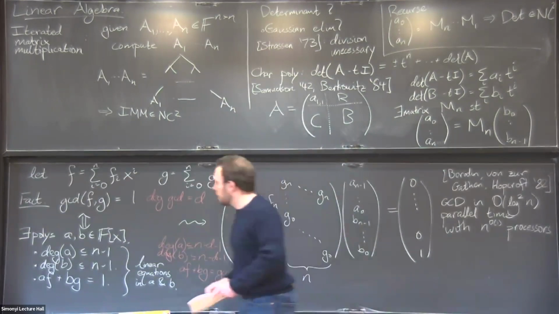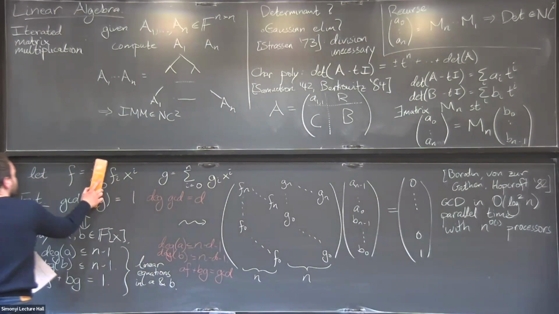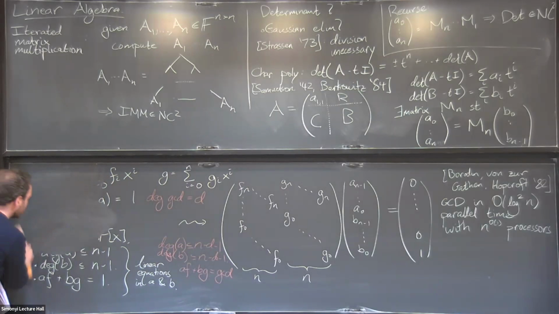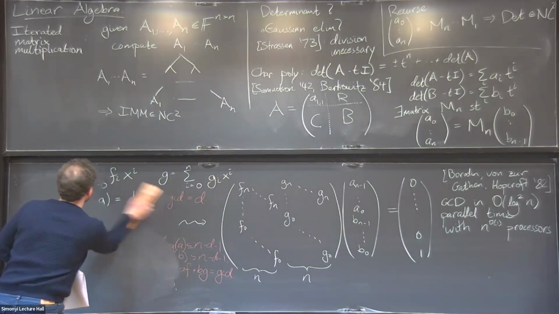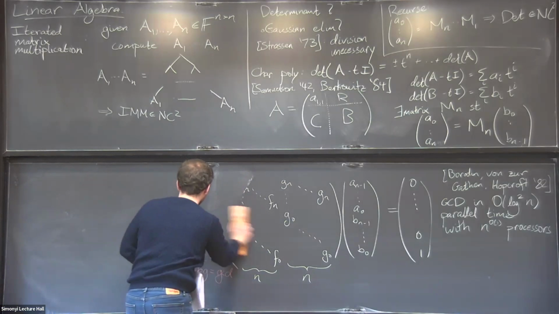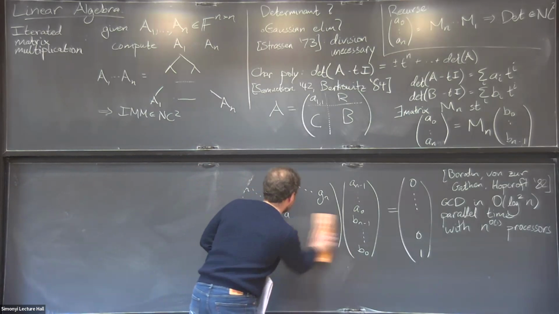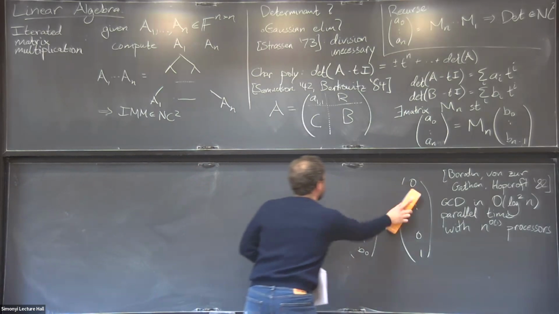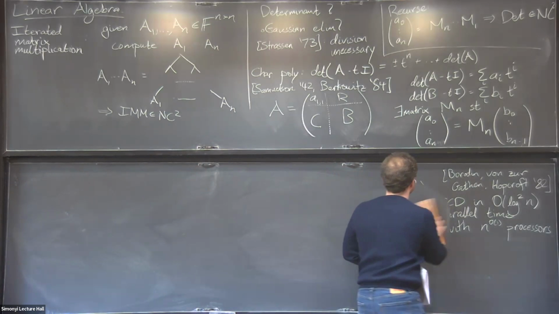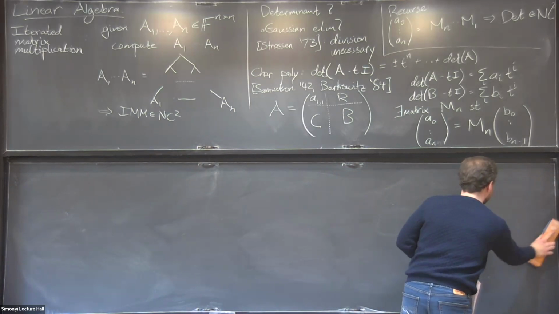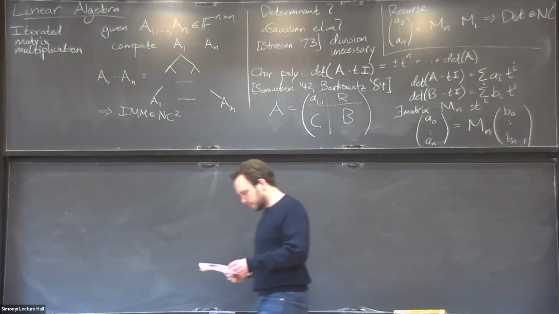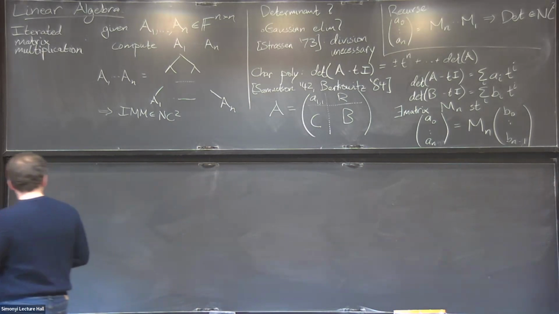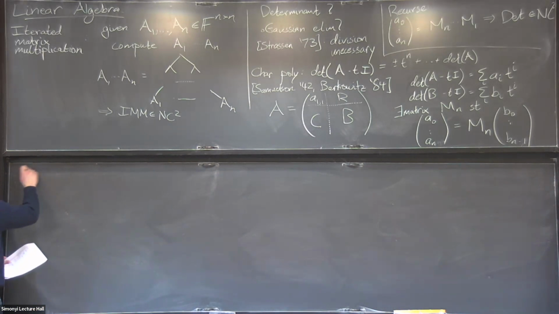So what else can we do? Well, we also needed to invert matrices so that we can solve systems of equations. So how can we do that? Oh, there's actually a very simple way we can reduce the inverse to what we've seen already.